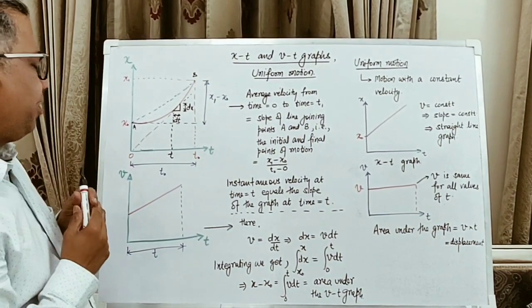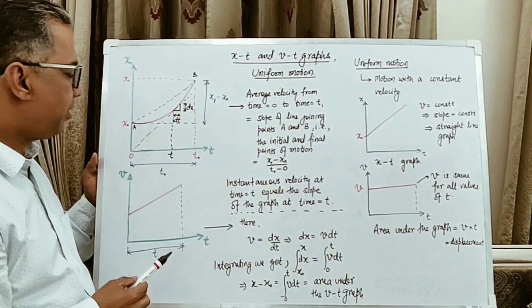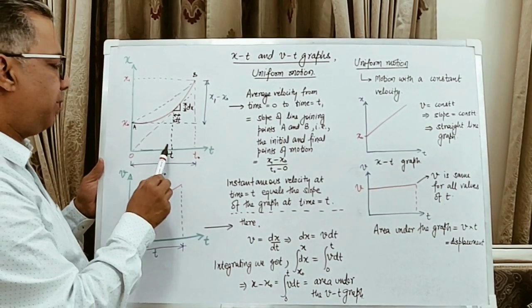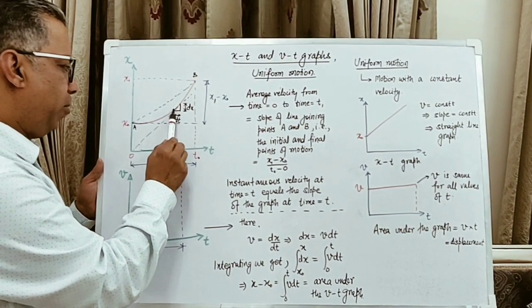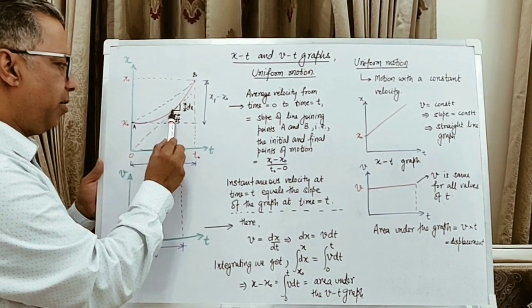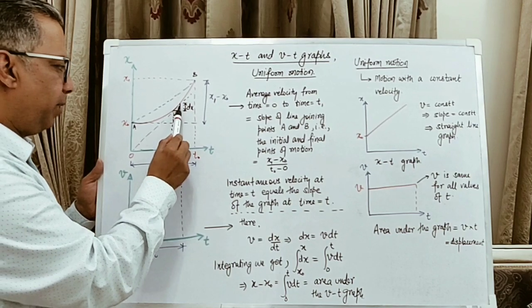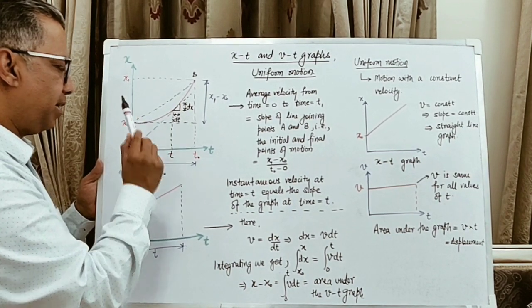Now if I'm interested in working out the instantaneous velocity at a given point of time, what I need to do is look at a very tiny interval of duration dt at that point of time, and during that tiny interval the displacement that we get is this change in x, that is dx.